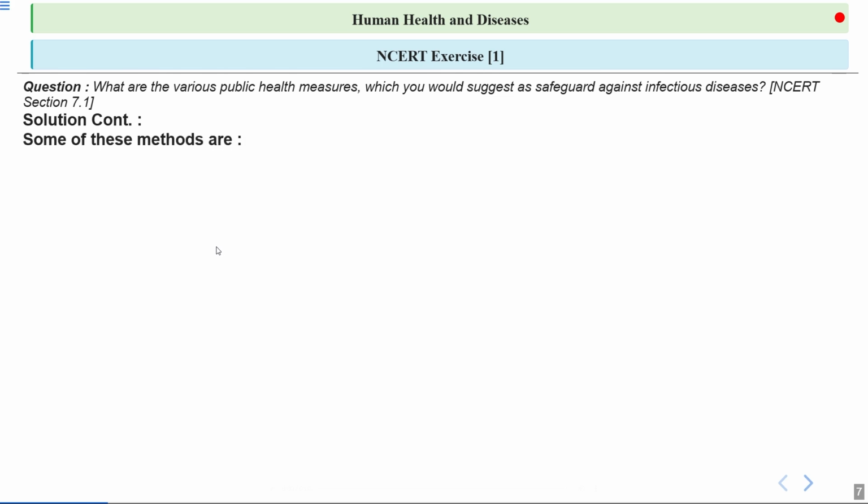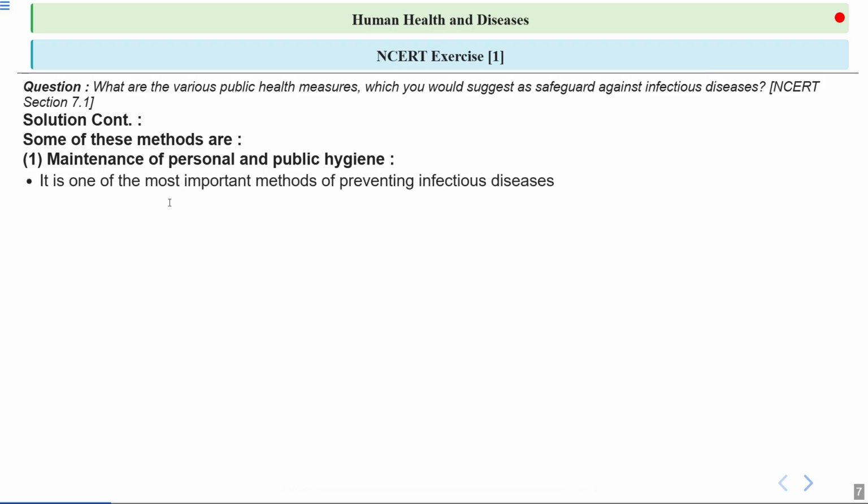Okay, let's continue the discussion. Some of the methods are, first of all, the maintenance of personal hygiene and public hygiene. This is often the first line of defense against infection. Maintaining hygiene is one of the most important ways to prevent infectious diseases.